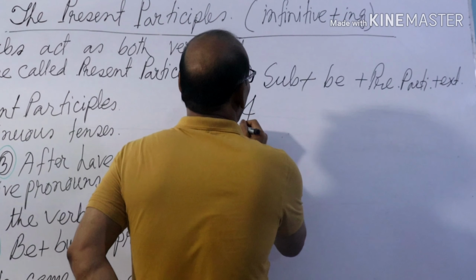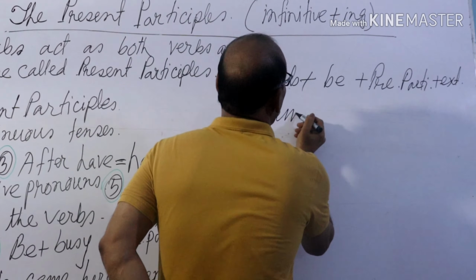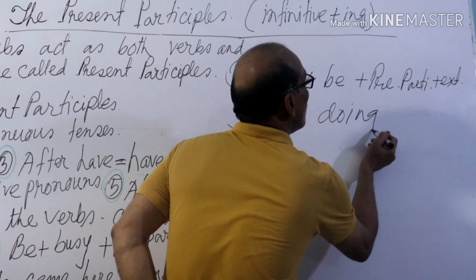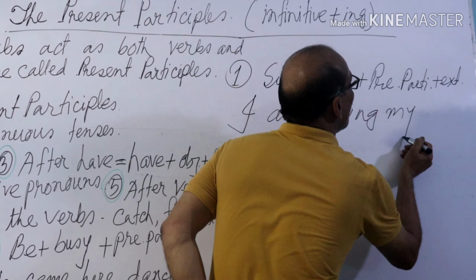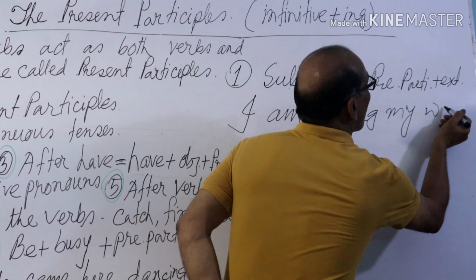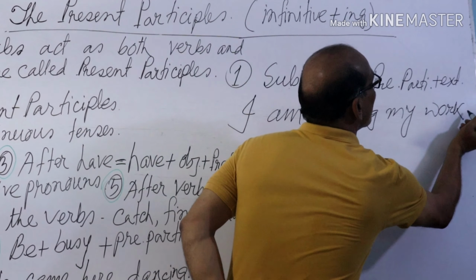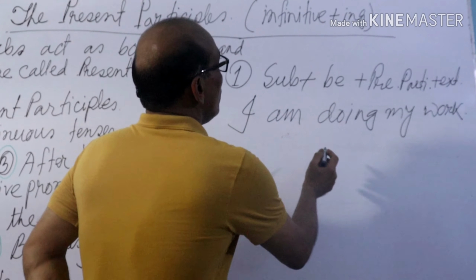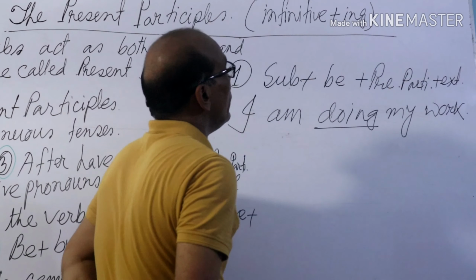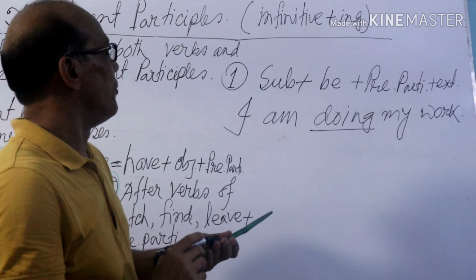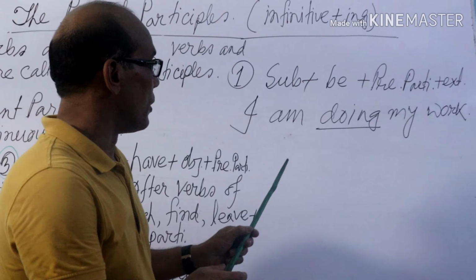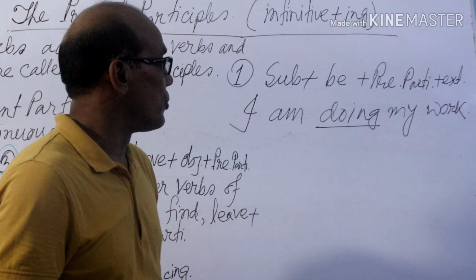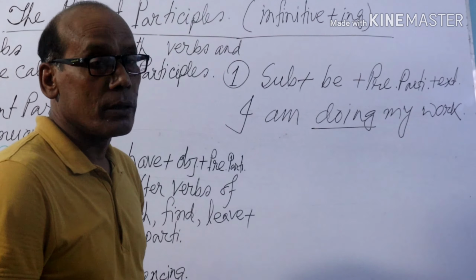Suppose I am doing my work. I'm doing my work. Here you see, I am doing, do plus ing, present participle, but here it has helped this sentence to make present continuous.